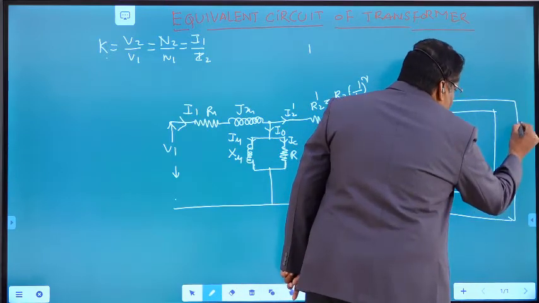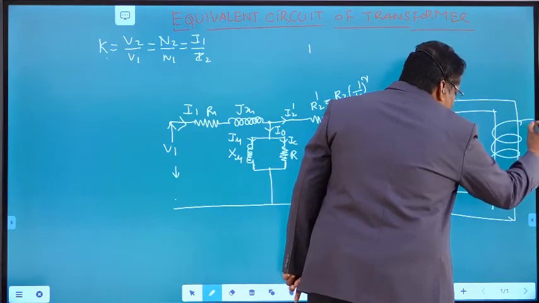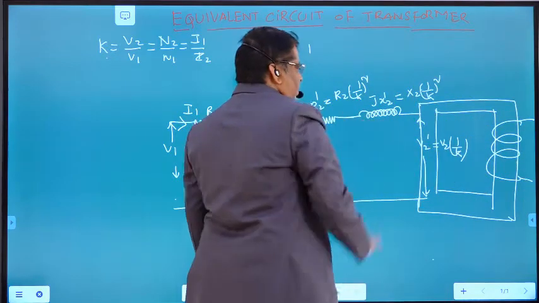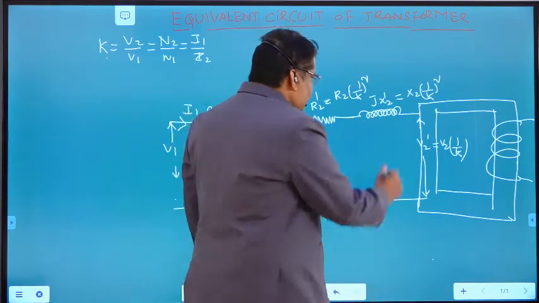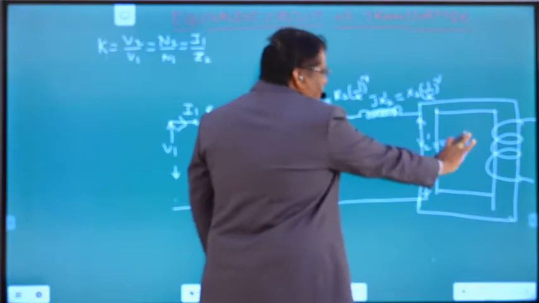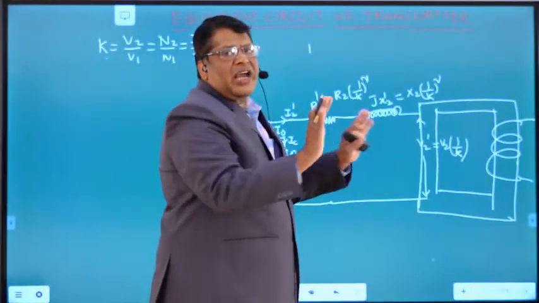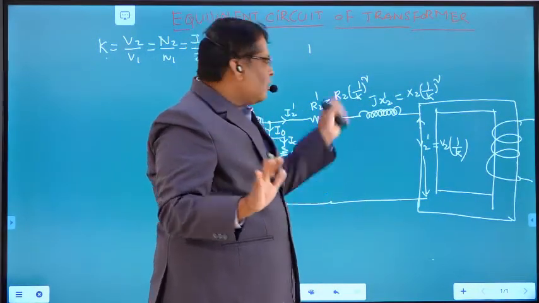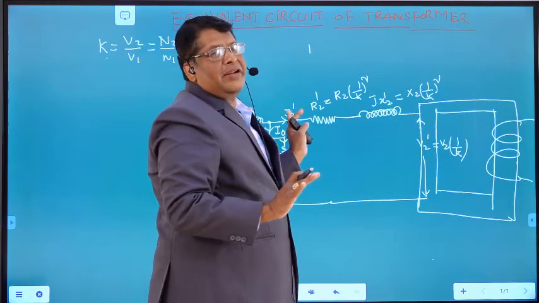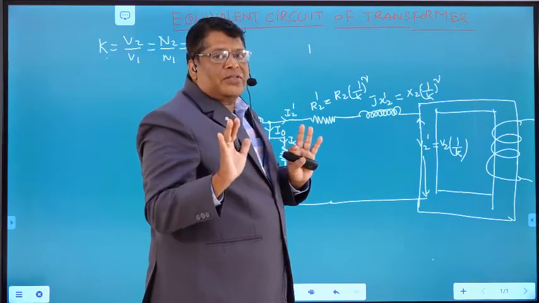But what are the parameters? All the parameters we have transferred to the primary. This is the ideal transformer only, it does not have any elements. All the parameters we have taken to the primary, so that the circuit becomes very simple.